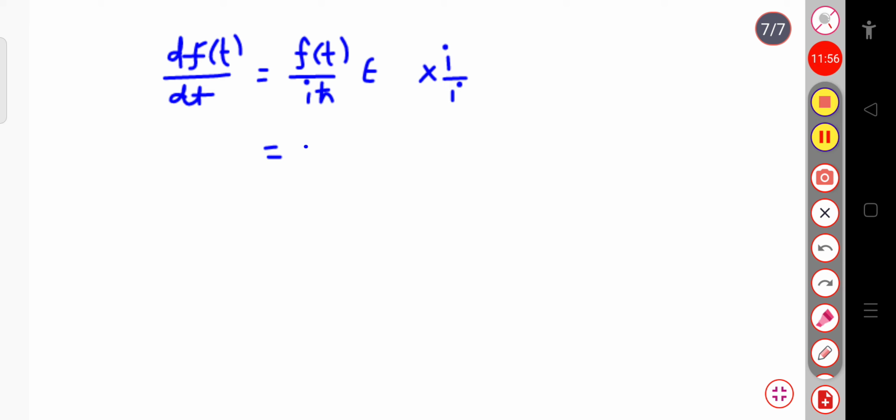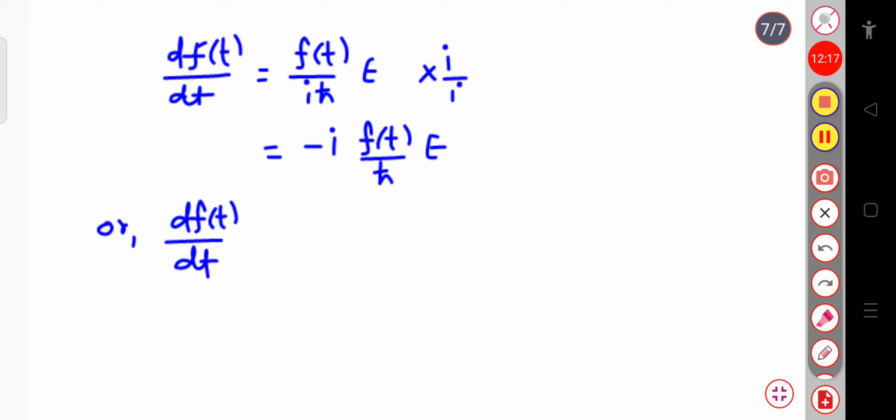So this will be minus iota f(t) divided by ħ into E. And now combining, I can write the total expression as df(t)/dt plus iota divided by ħ into f(t) into E, that is equal to 0. Let me give this equation number 5.